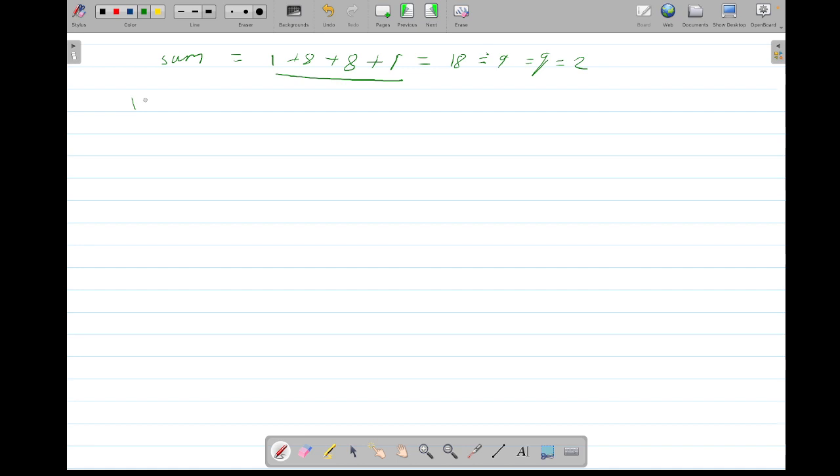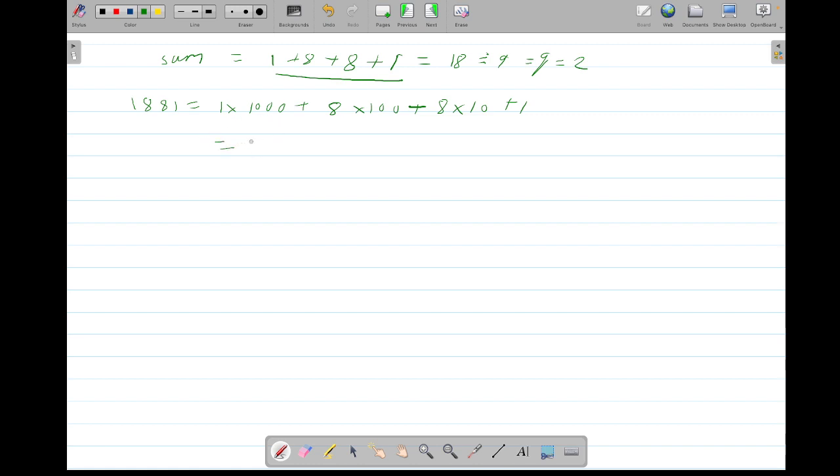So let's rewrite this number. It can be broken down using each digit and its place value, multiplying the digit with that place value.